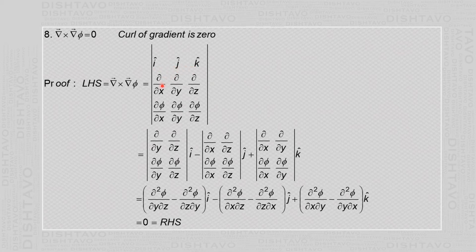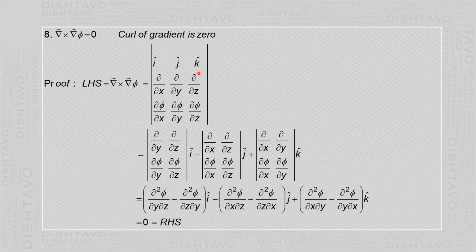The coefficients of the second row are components of the first vector del, which are dou by dou x, dou by dou y, and dou by dou z. The third row contains components of the second vector del phi, which are dou phi by dou x, dou phi by dou y, and dou phi by dou z.